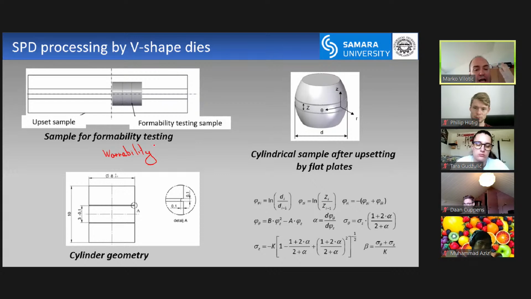Also, if you have high formability or high workability or high malleability, it means that if you have some shape like this, you can bend it, shape it, and form it more in one stage, in one hammer hit or something.